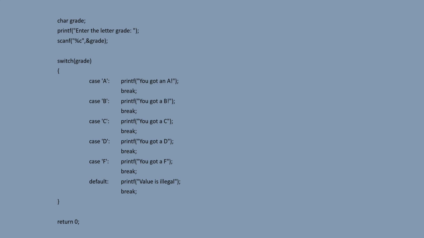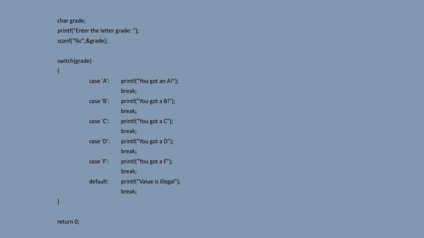But it's going to compare this integer variable with this integer variable. So it's going to go to case A, be like, no, this doesn't match. Going to go to B, it doesn't match. When it gets to C, and this matches, it's going to print out this statement you got a C onto the terminal, and then it's going to break from the switch statement and complete the program.